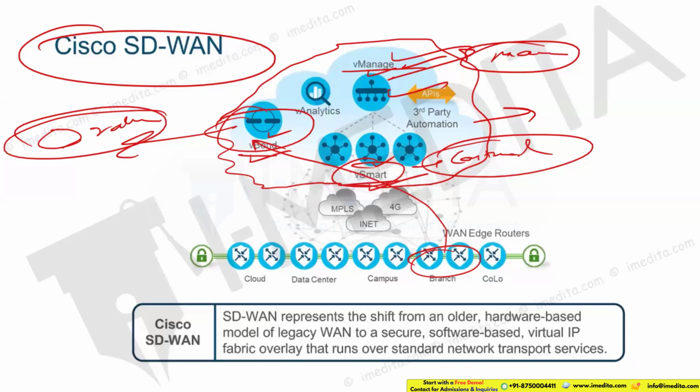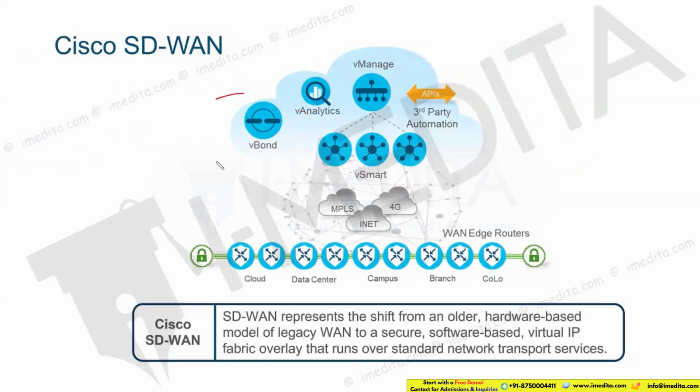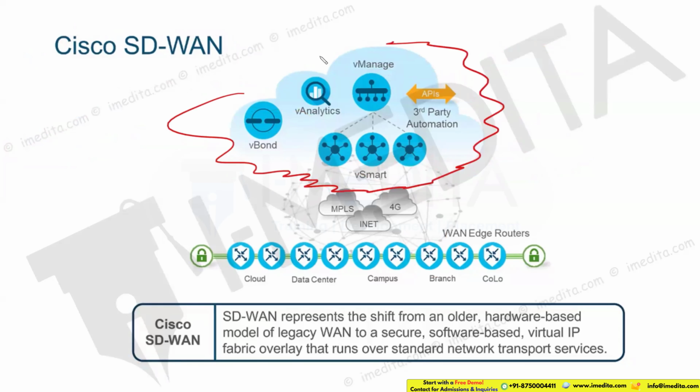So in short, in Cisco SD-WAN, we are not depending only on a single control component. Instead, Cisco is using a distributed architecture where we have got different control components for different roles. So that's the major difference between Cisco SD-WAN and the other SD-WAN providers. If you take an example of Silver Peak or Velo Cloud, or Prisma SD-WAN, they all have a single component working as the control plane, management plane as well as orchestration plane.